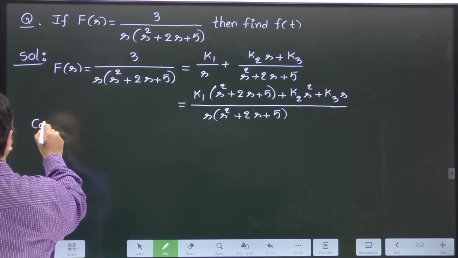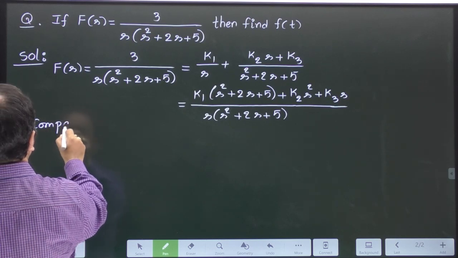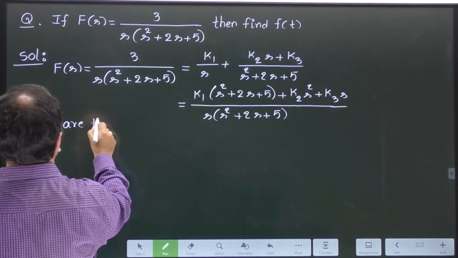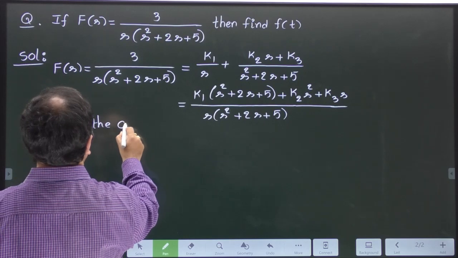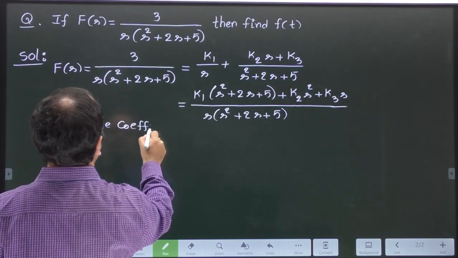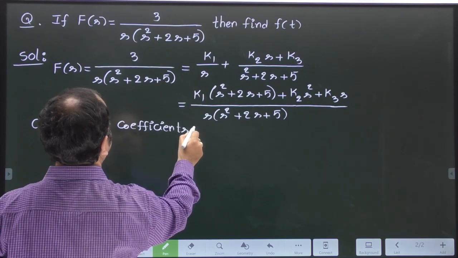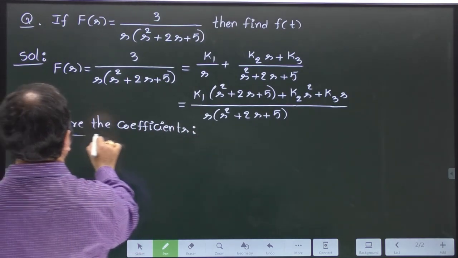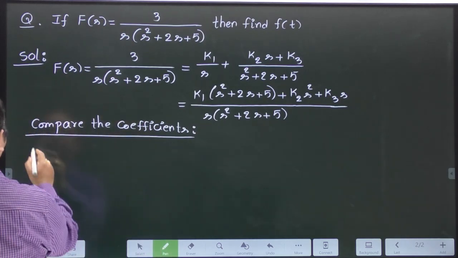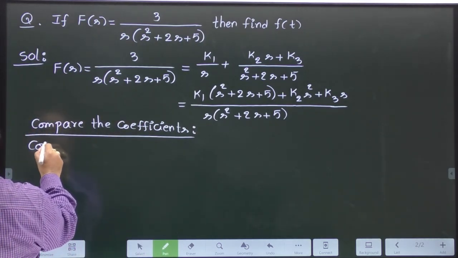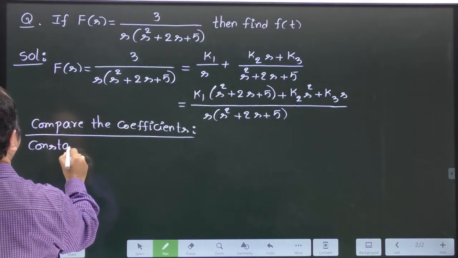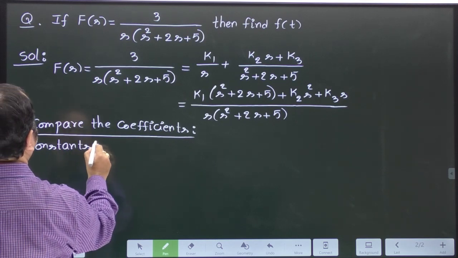Compare the coefficients. So first let us compare constants on both sides.